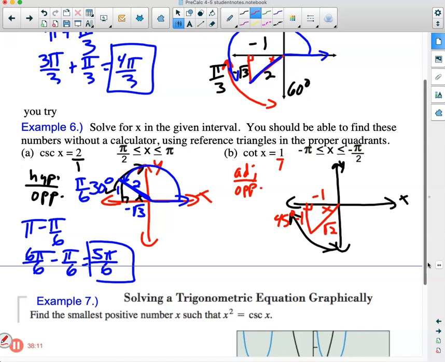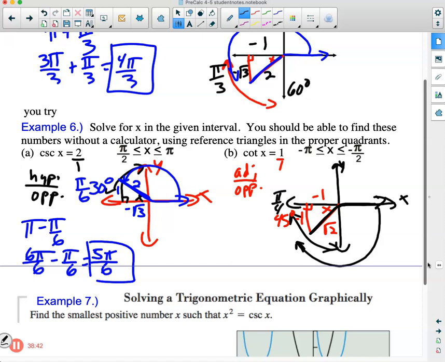So now we have to give them a name, but they were very specific. They said we have to give a negative name for this angle, and it has to be between negative pi over 2 and negative pi. So this time we have to think backwards and see, okay, what would that be for that terminal side right there? Well, what we're doing is we're going all the way over to negative pi, but we have to leave out our little 45 degrees, which is pi over 4.